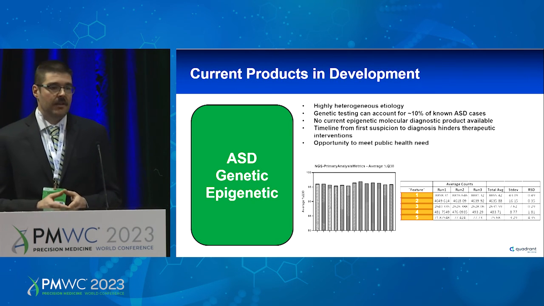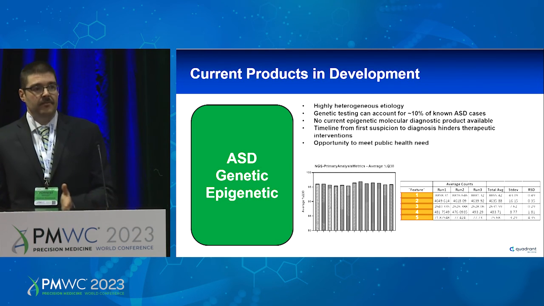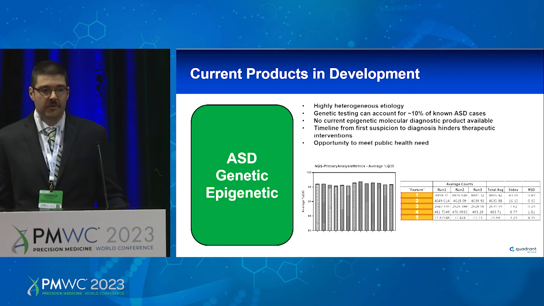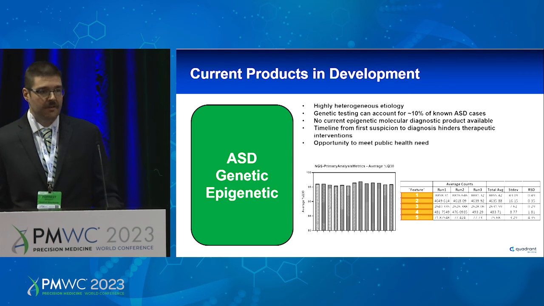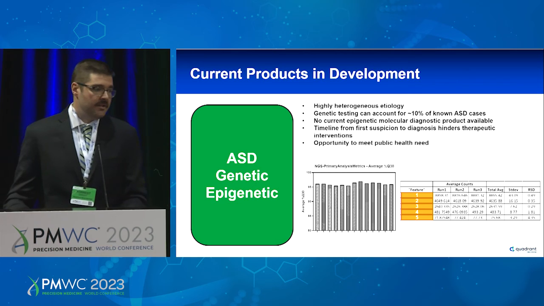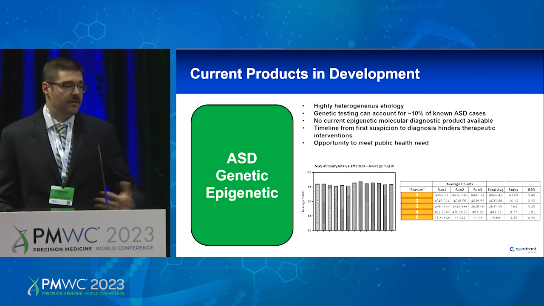And it's well documented that the earlier those are established, the better and improved outcomes for children diagnosed with autism. This also gives us an opportunity to meet an essential public health need with a growing incidence of autism and the rates of diagnosis, particularly in boys, increasing continually over the last few decades.